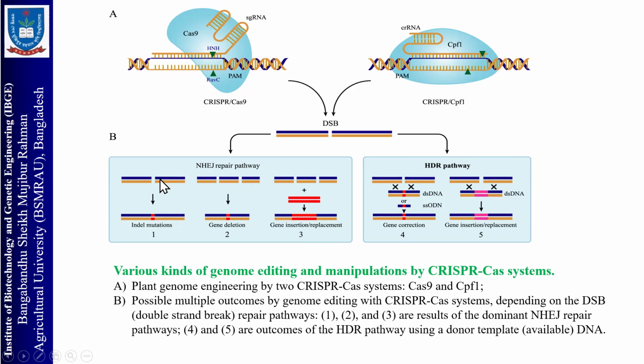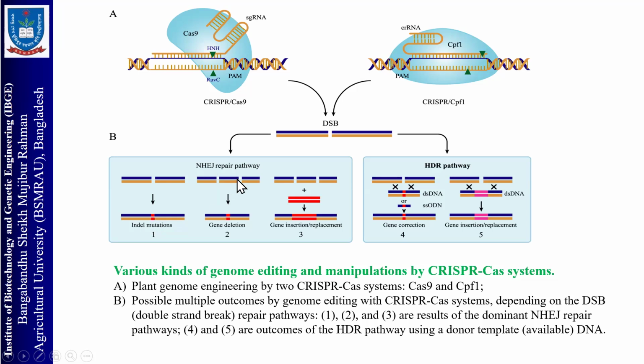And here, during repair, some mutations or deletions, or even correction of the genes, insertion or replacement can take place. Here you can see just a cut and an indel mutation, that is a one nucleotide mutation, shown in red.